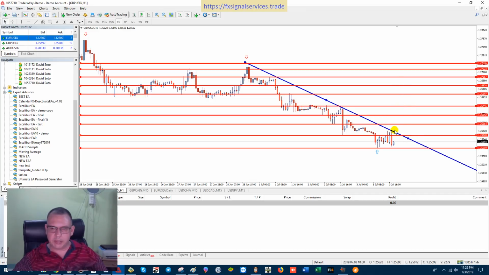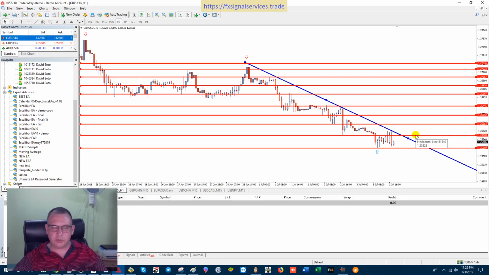We're going to set buy stop pending orders. I like to call this strategy the ladder effect, because if you look at this downtrend, it looks like a ladder that you're climbing down. Each of these support and resistance levels is a rung on a ladder.